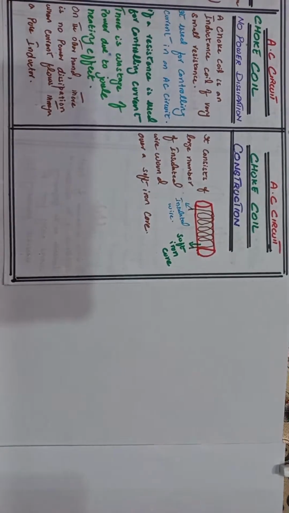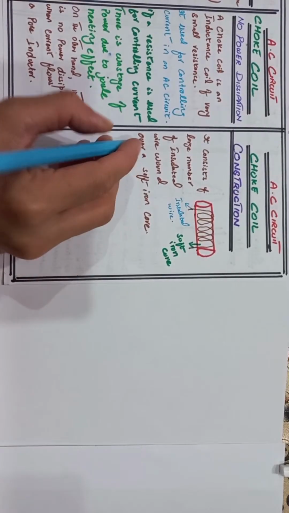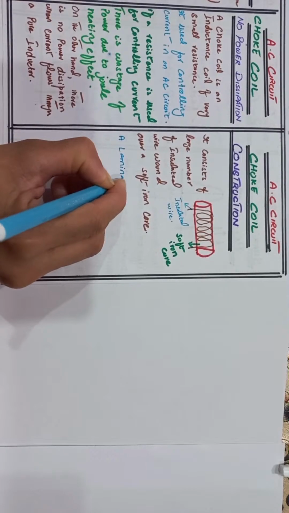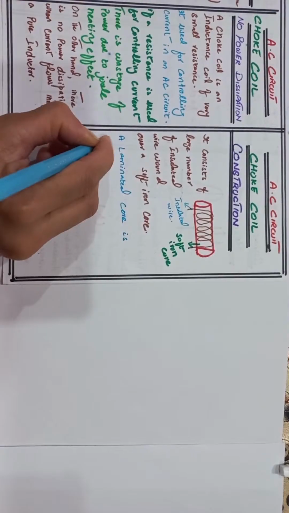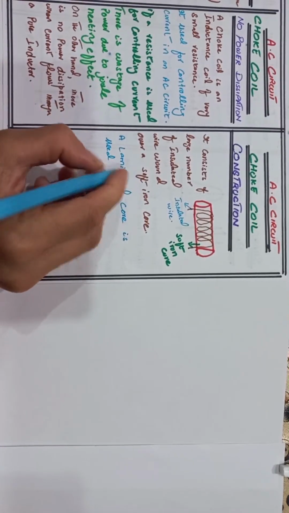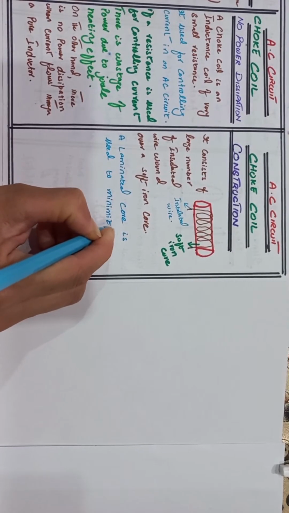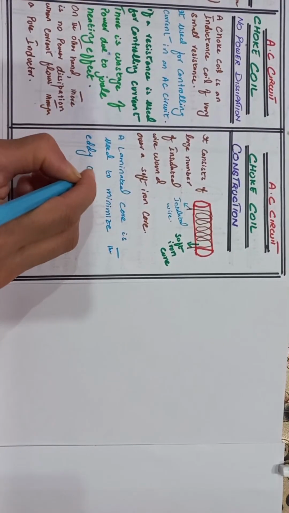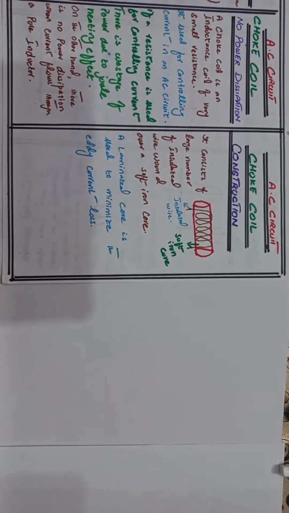So here we write that a laminated core is used to minimize the eddy current loss.